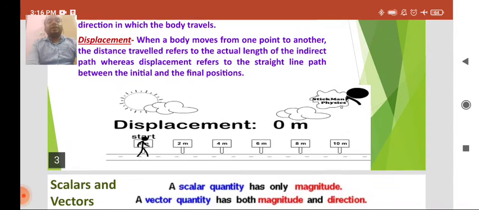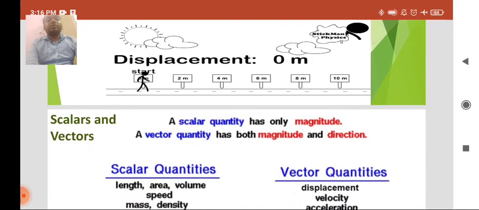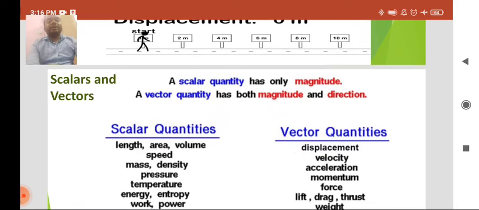Now we talk about how many types of physical quantity there are. There are two types: scalar quantity and vector quantity. What is a scalar? A scalar is a quantity in which only magnitude is present.